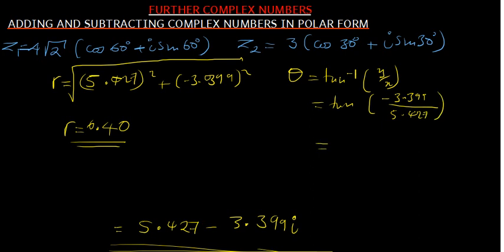So that is going to give us negative 3.399 divided by 5.427, and then taking the tan inverse of that, that is giving a negative 32.06 degrees.